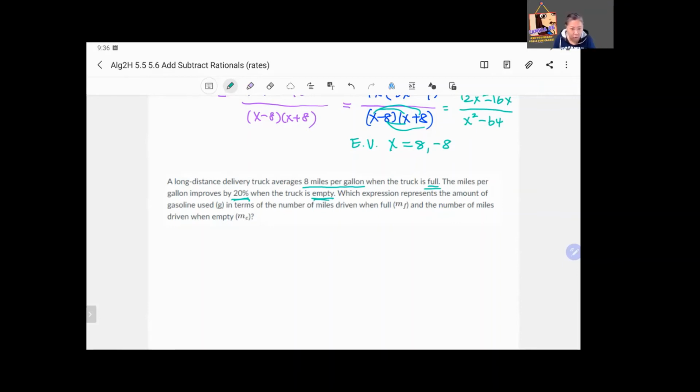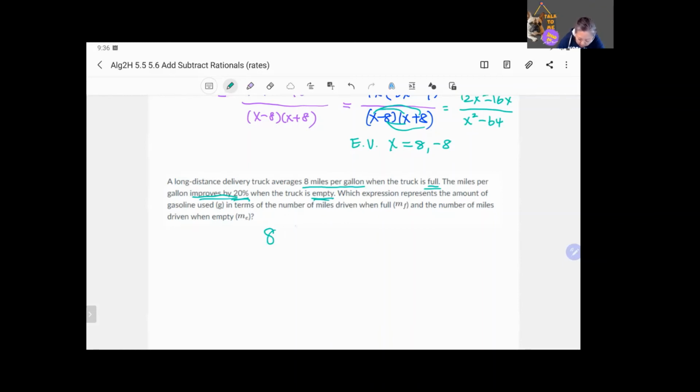But how much further? 20%. First we need to see how we can find 20% more, like improves by 20%, right? So originally it could go 8 miles once it uses the 1 gallon.